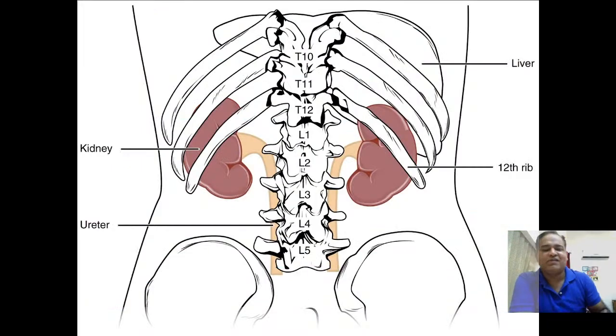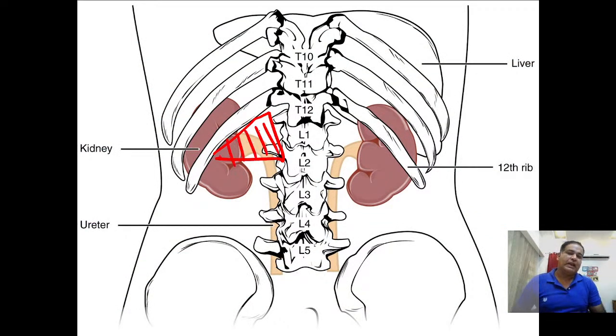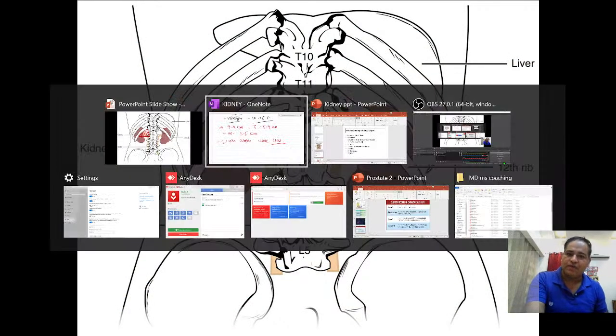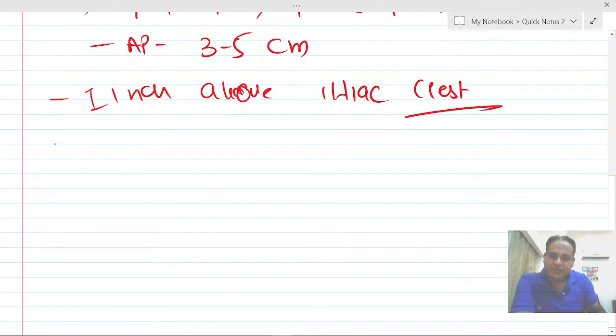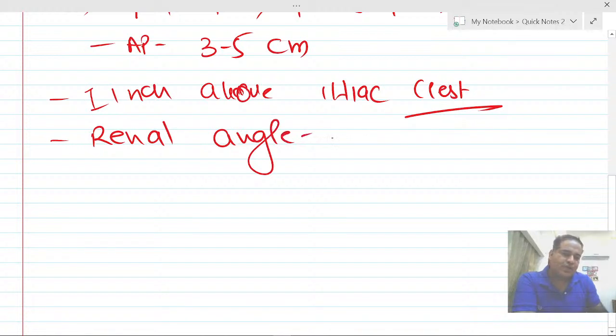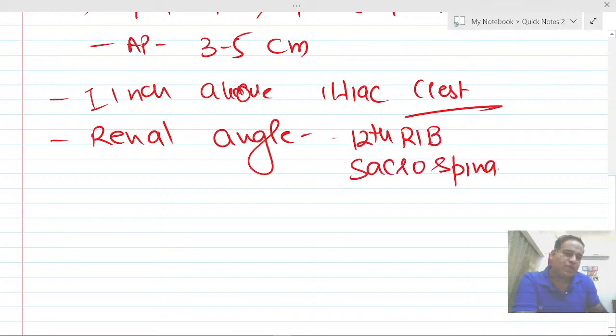What is this which I was going to show you? So this exactly is the renal angle. They ask you in anatomy, applied anatomy, and in surgery also. So what is the renal angle? The renal angle is formed between the 12th rib and the outer border of the sacrospinalis muscle.